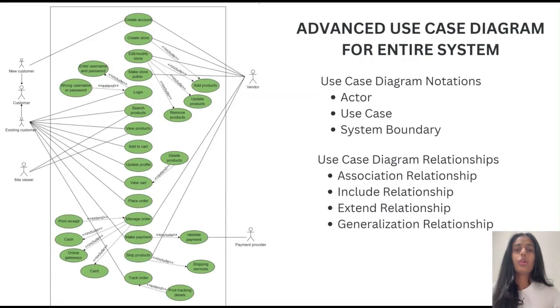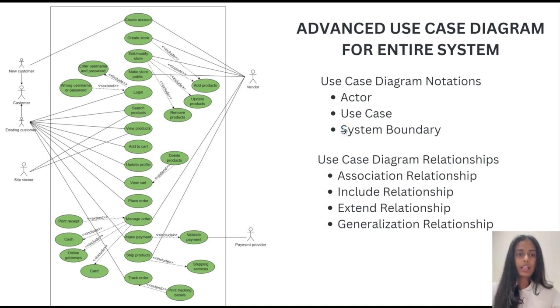Thank you, Oshadi. Now, Prabesh and I are going to go through the UML diagrams for the Shopify e-commerce site. The first diagram is an advanced use case diagram for the entire Shopify system. Let's first see the use case diagram notations like actor, use case, and system boundary.